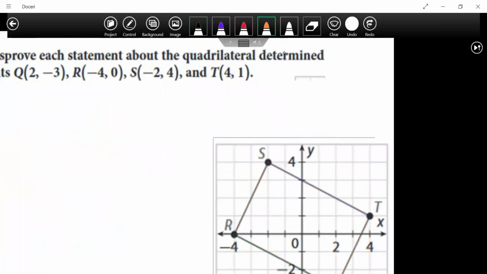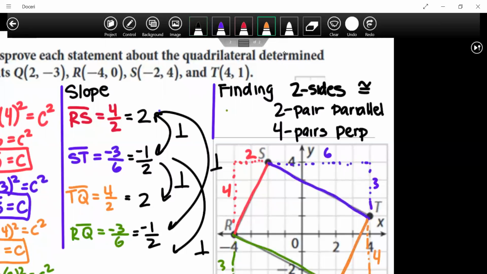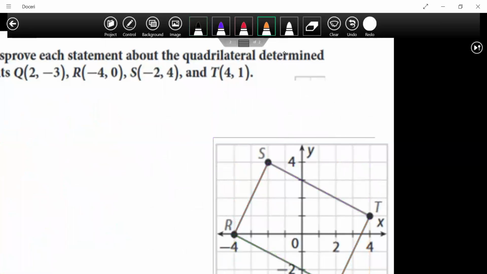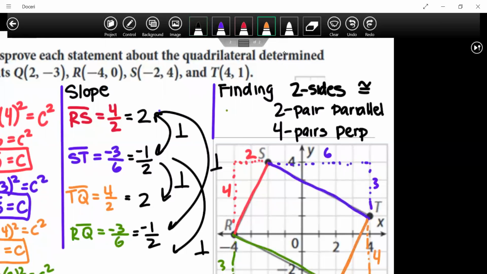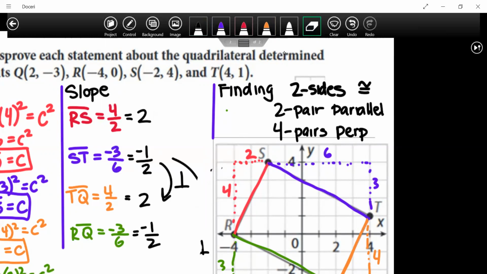Then let me do it this way, if this makes sense. I see what you're getting at. This one's parallel. This one's perpendicular. This one is also perpendicular to this.